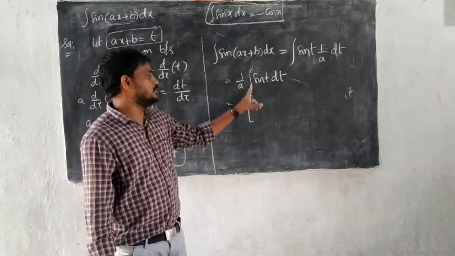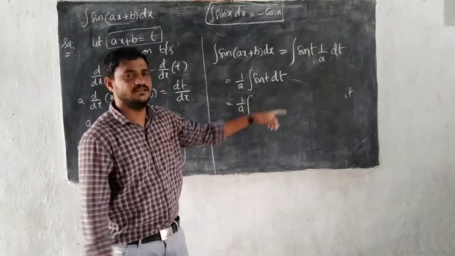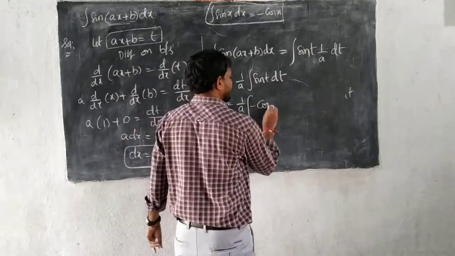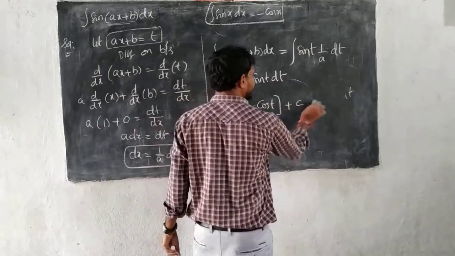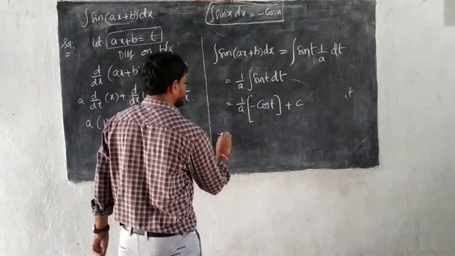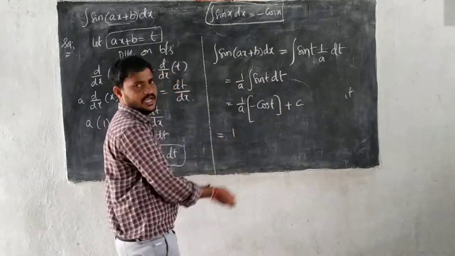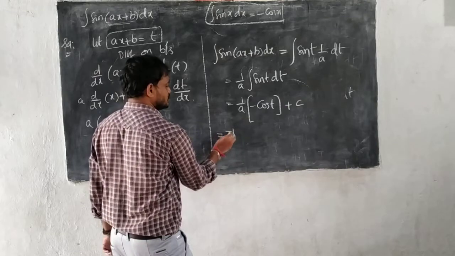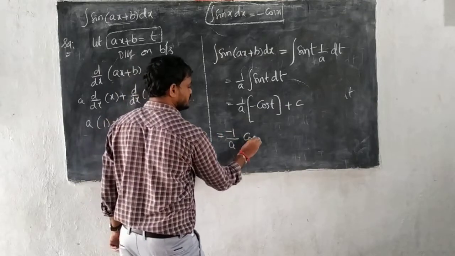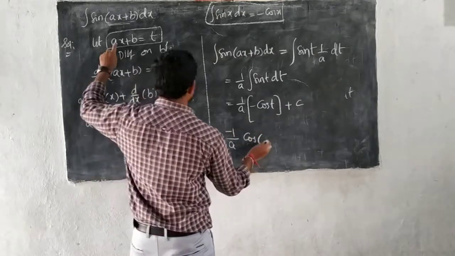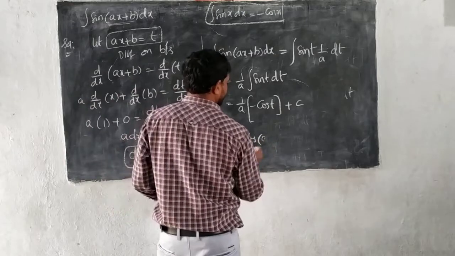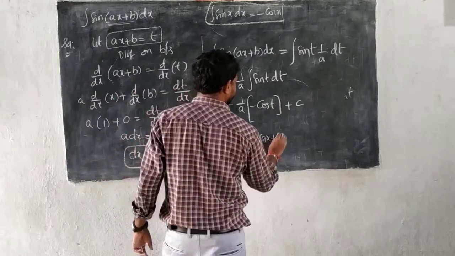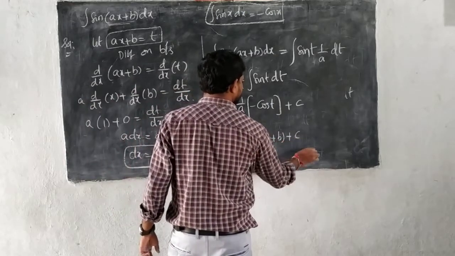Now use the formula: integration of sin t is minus cos t plus integral constant c. Then substitute the t value and write this minus outside. So you will get minus 1 by a into cos t. What is t? ax plus b. So minus 1 by a cos of ax plus b plus c.